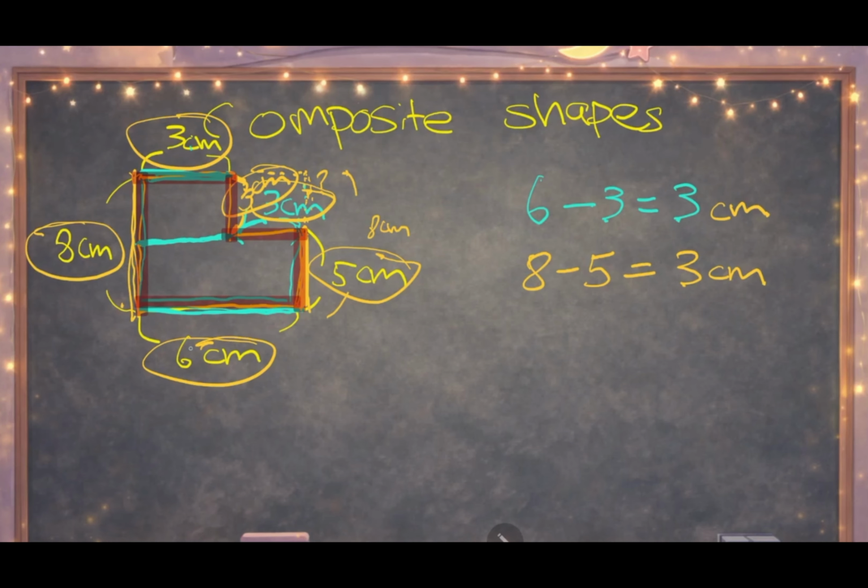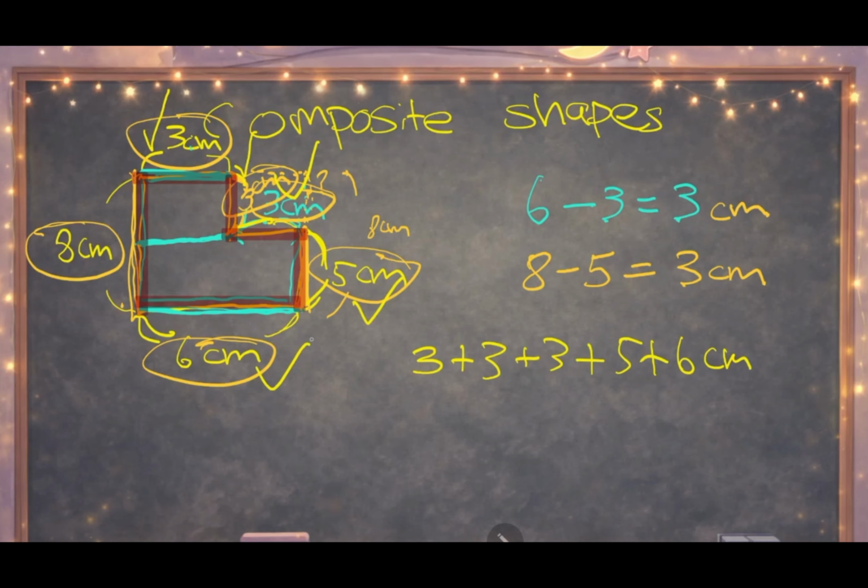We have to make sure that we don't miss any sides out, so I will tick as I go. 3 plus 3 plus 3 plus 5 plus 6 plus 8 equals 28 centimeters.